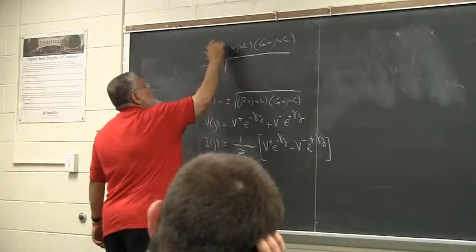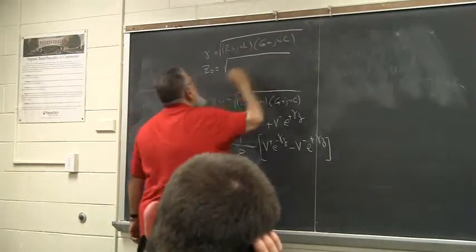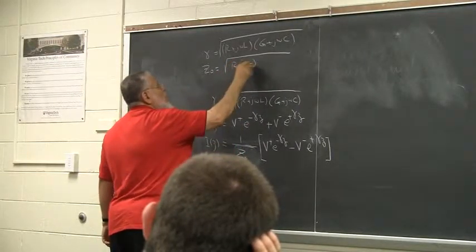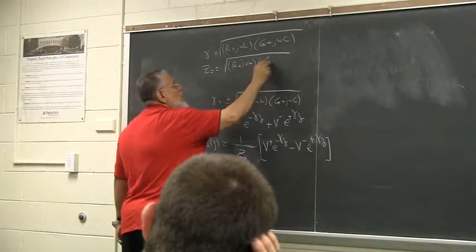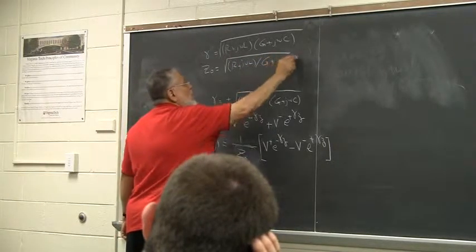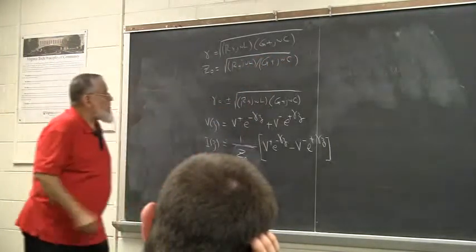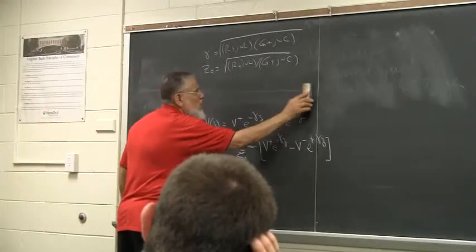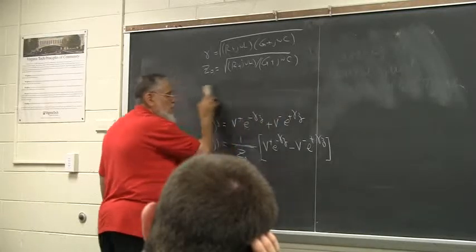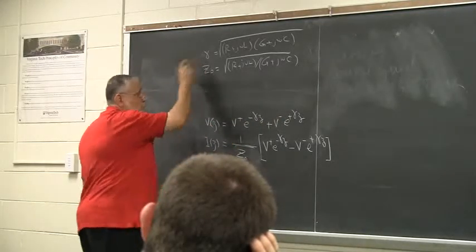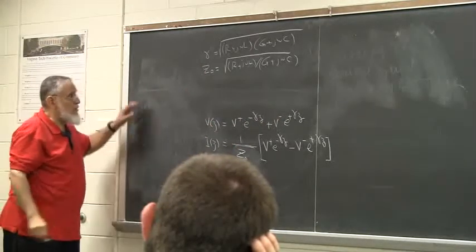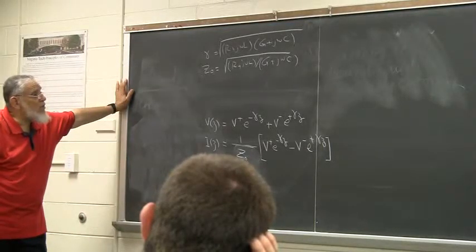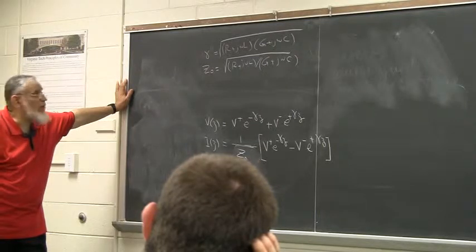I can write gamma as a square root of, okay? Better than writing gamma squared. So I don't need this anymore. So here's my solution. And these are my two parameters, gamma and Z0. That summarizes the development so far.